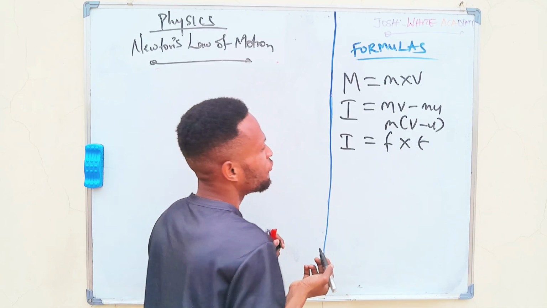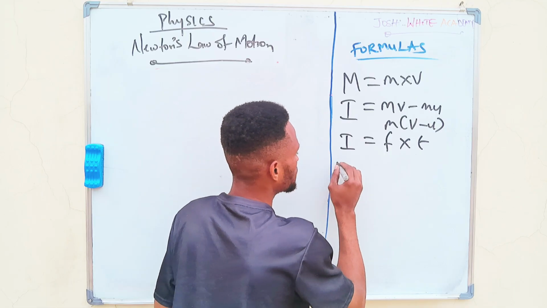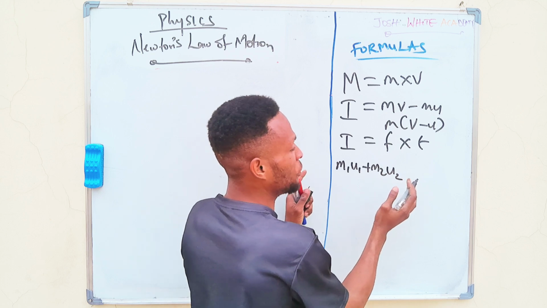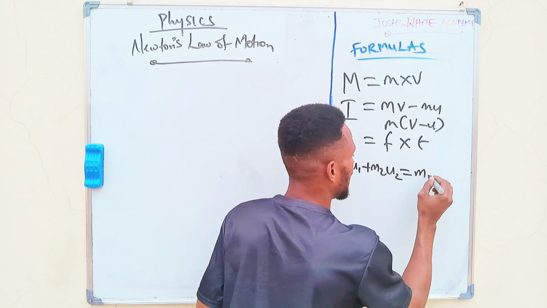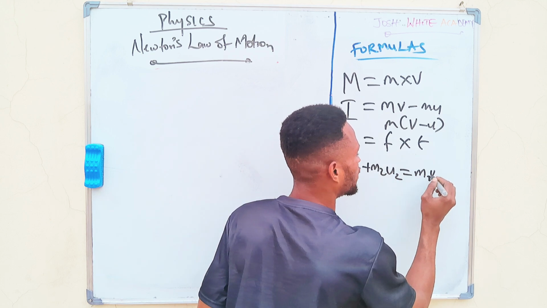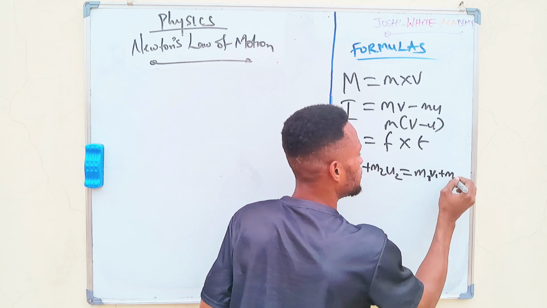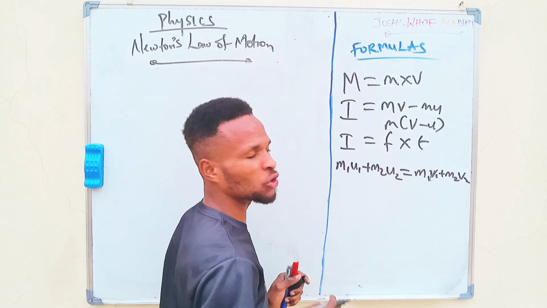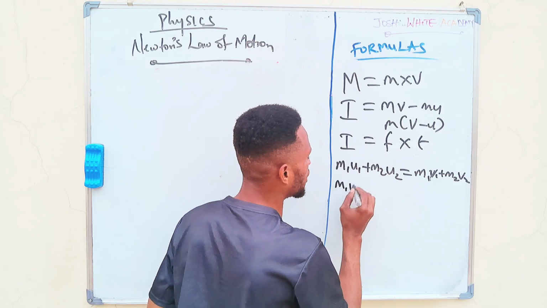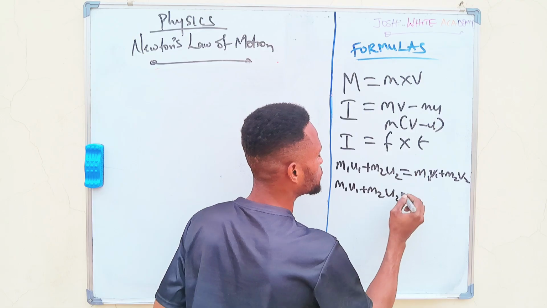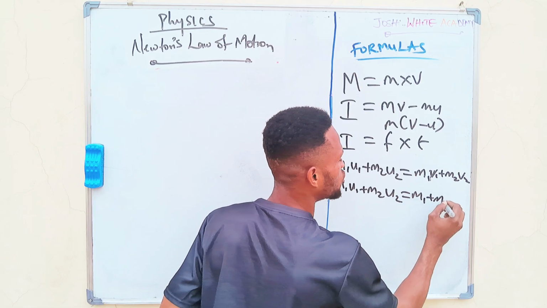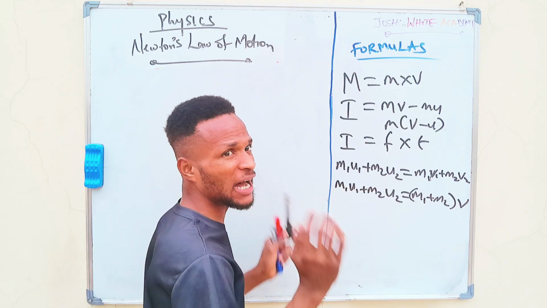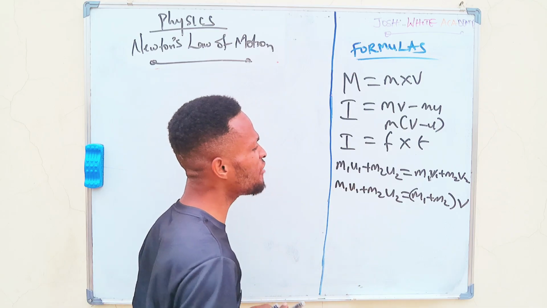Then we have for elastic collision, m1u1 plus m2u2, momentum before collision, is equal to that after collision, m1 v1 plus m2 v2. Then for inelastic collision, m1u1 plus m2u2 is equal to (m1 plus m2) v when both bodies stick after collision.